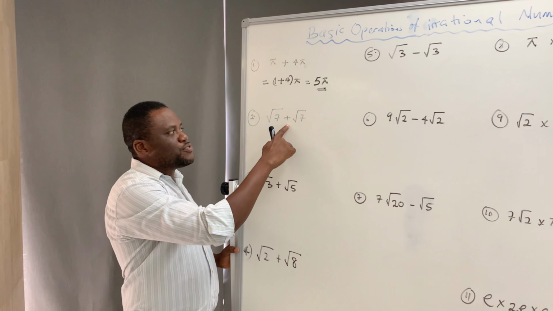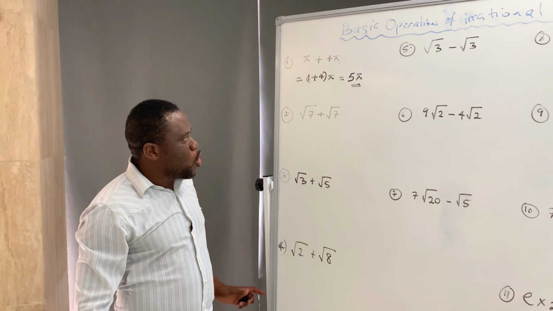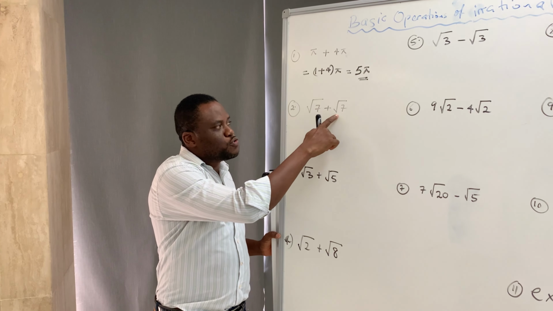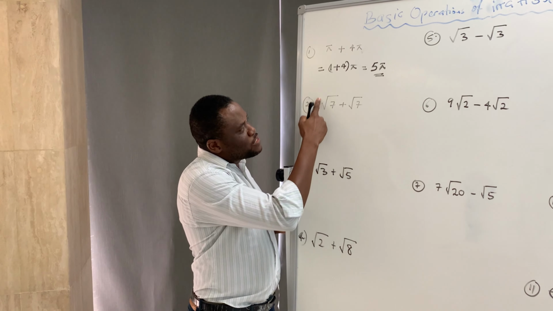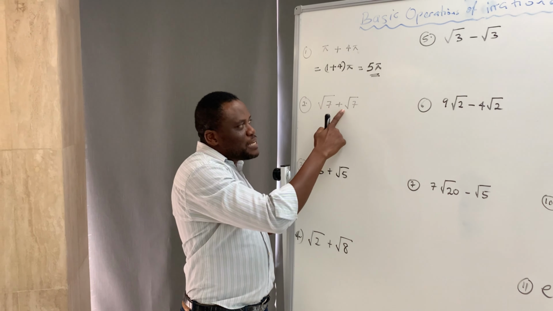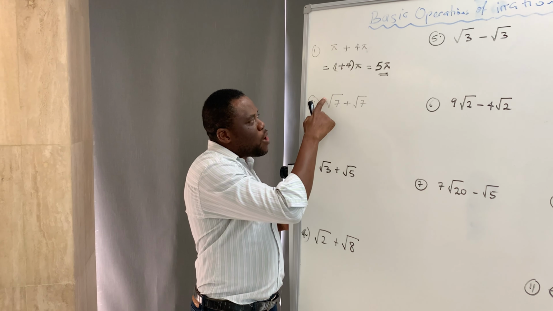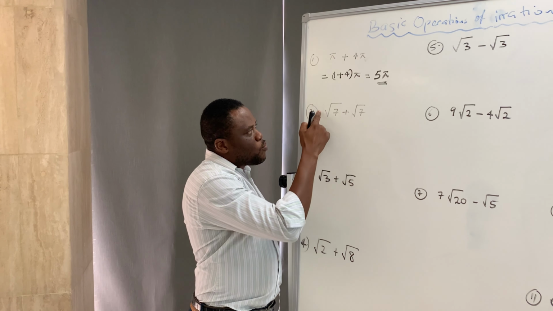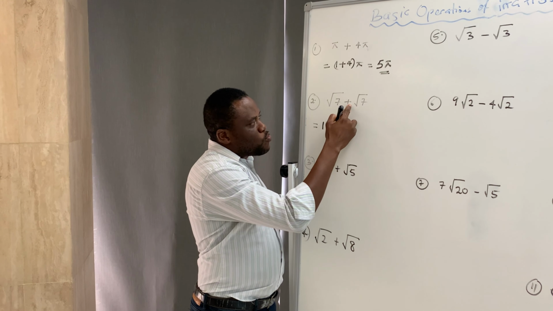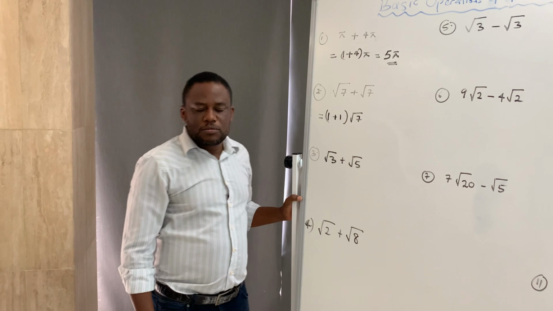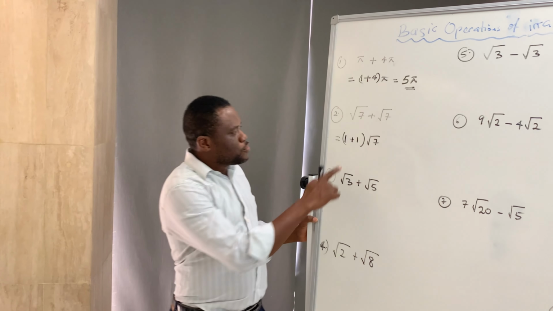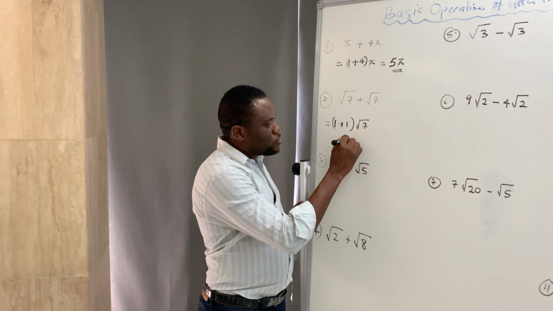Radical 7 plus radical 7. Or say root 7 plus root 7. Root 7 is common. What is here is 1. When nothing is written, it means 1. So 1 is here, 1 is here. So 1 of this plus 1 of this, everything in 1 root. 1 plus 1 gives us 2.